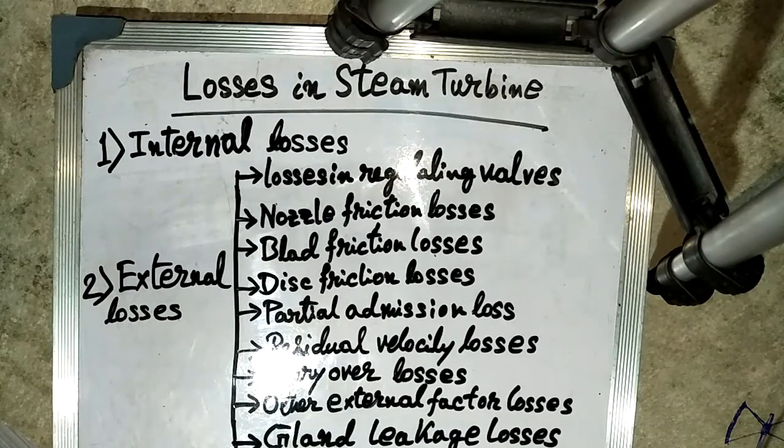Since reaction turbines are designed for full peripheral admission, the windage losses as well as the disc friction losses can be neglected.